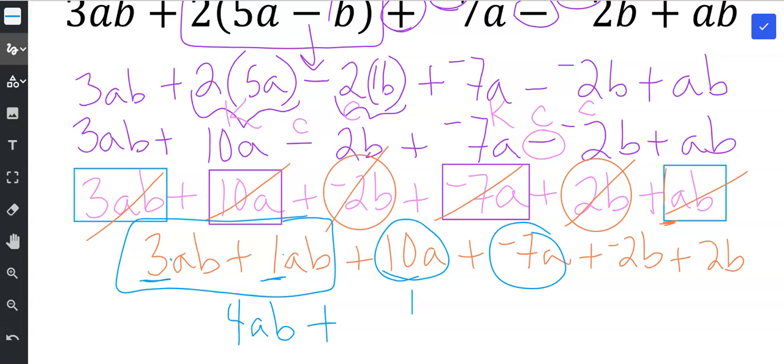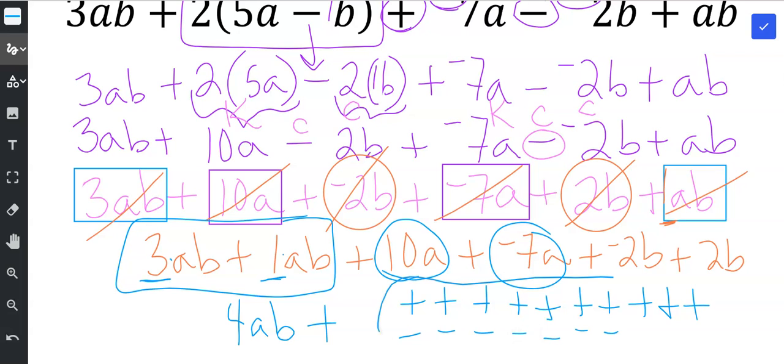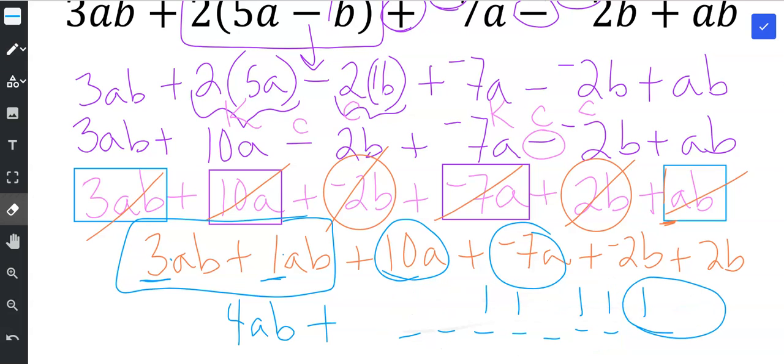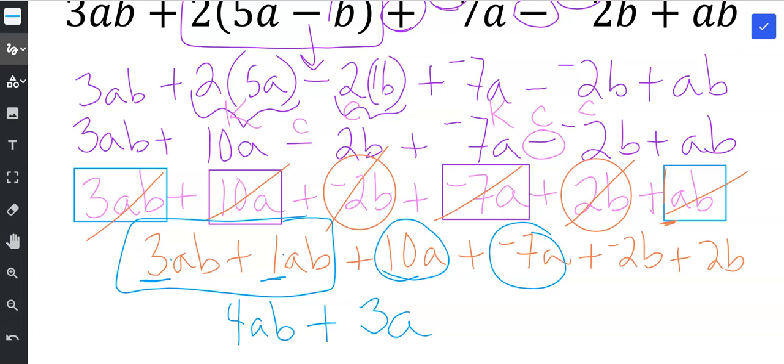So if you think about your integer chips, 1, 2, 3, 4, 5, 6, 7, 8, 9, 10, and then I have 1, 2, 3, 4, 5, 6, 7 negatives, I'm going to end up with 3 additional positives left over. So we have 3a, and then finally, negative 2b plus 2b is equal to 0b.